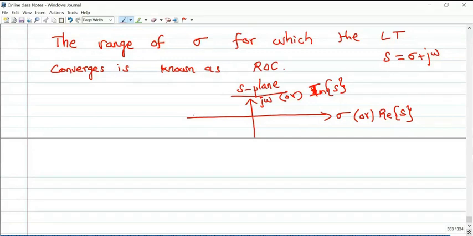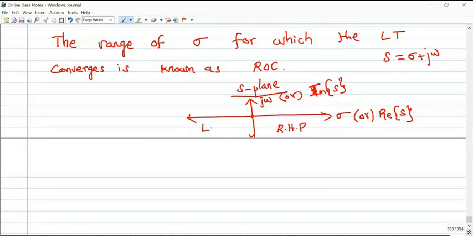So this is the S plane. The origin is sigma value 0 plus imaginary value 0. So this is the origin of this particular plane. The right side, 0 to infinity, is called the right half plane.